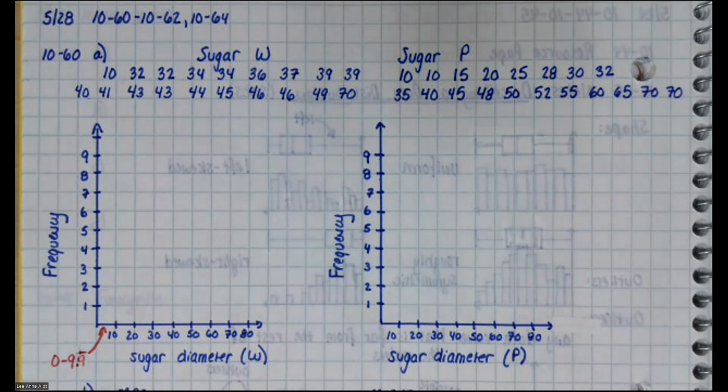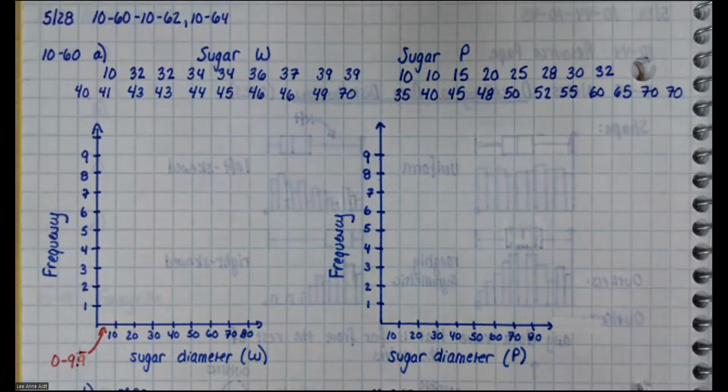Note that the biologist wants to grow consistently large cells. So the biologist wants them to be big. Can you tell which sugar is probably better if she wants them to be big just by looking at it? Sugar W or sugar P? Which one tends to have bigger numbers? P. Okay, so our gut tells us that sugar P is probably better.